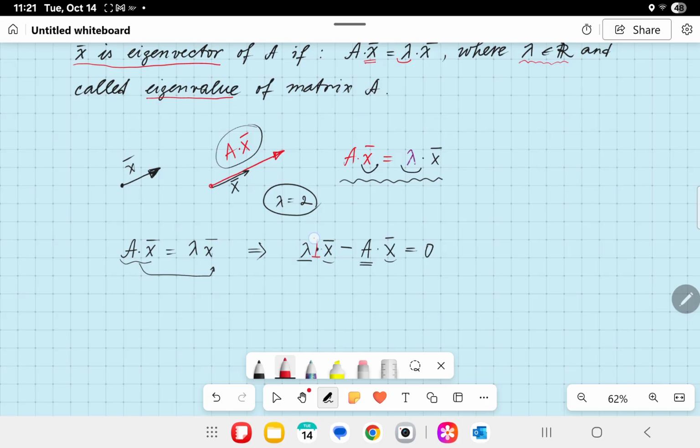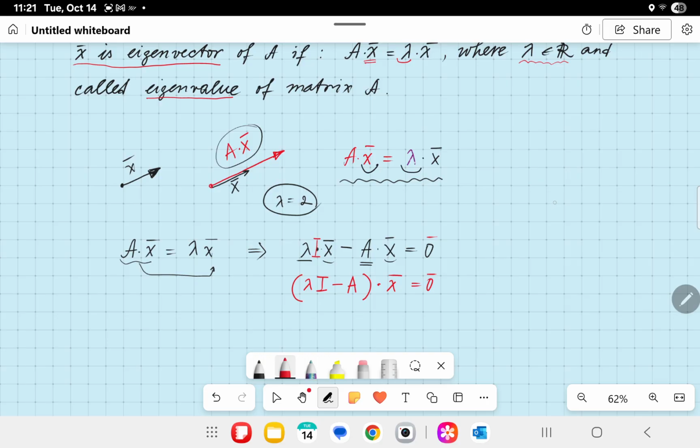You know that if you multiply the identity matrix by x, you are still going to get x. So basically the identity matrix is present in every vector x. And after that, we can take x outside of parentheses. So we can write in parentheses lambda I minus A for the second term, and outside of parentheses x. And that's going to be equal to 0. And I'm sorry, I'm missing the vector bar over 0.